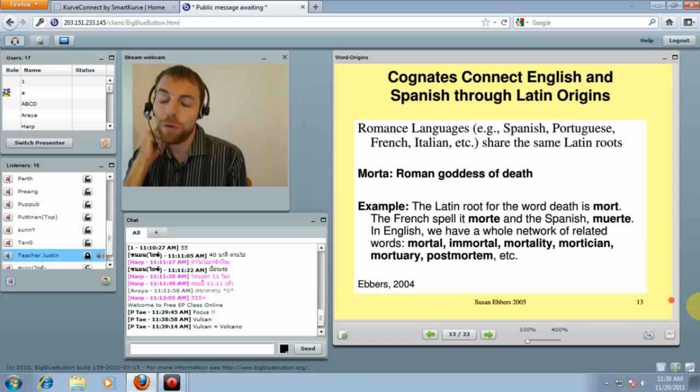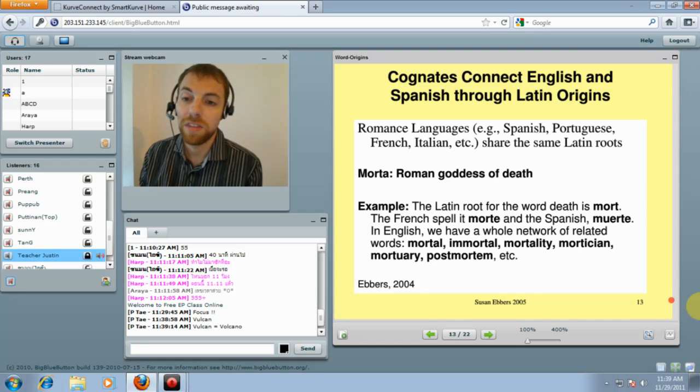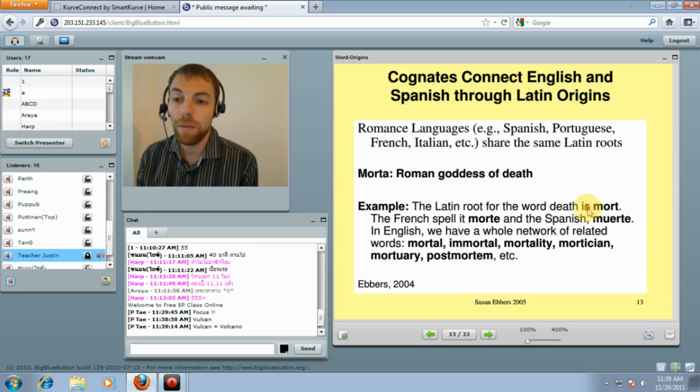There are many other words that are cognates that don't have Latin origins. Even words like okay or computer can be the same in many languages. But those are newer words. But a lot of our words do come from older Latin and Greek.